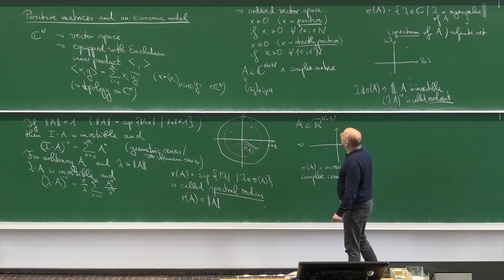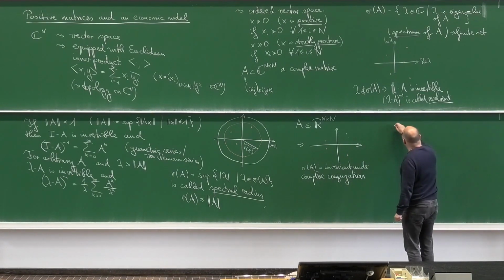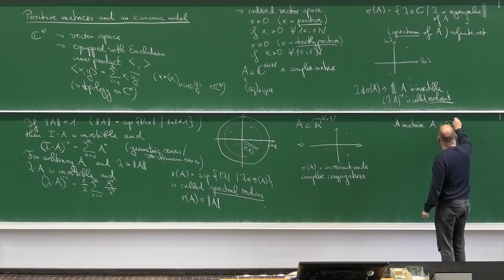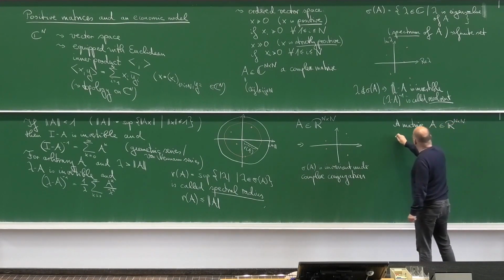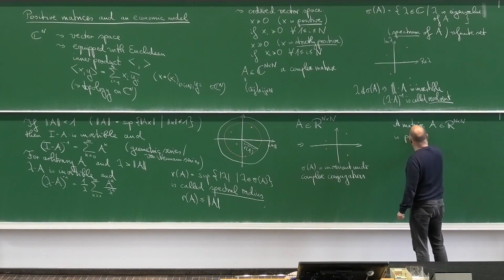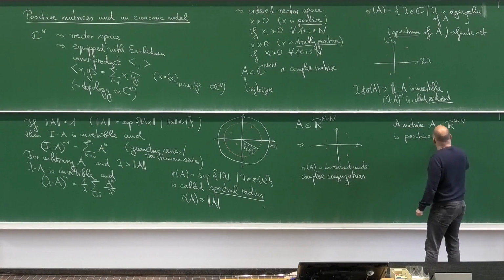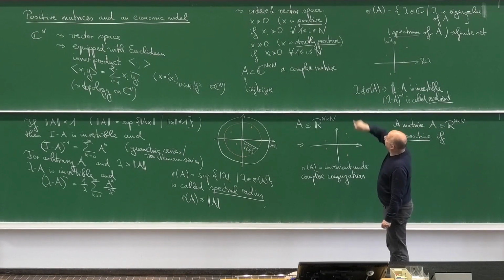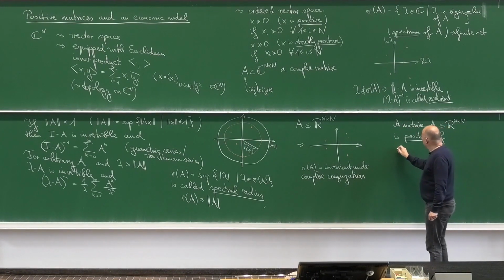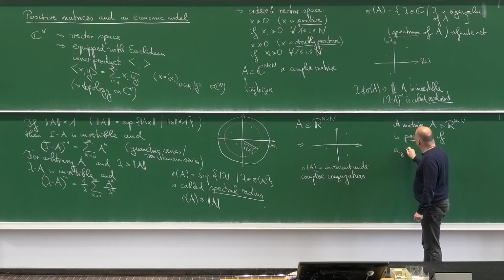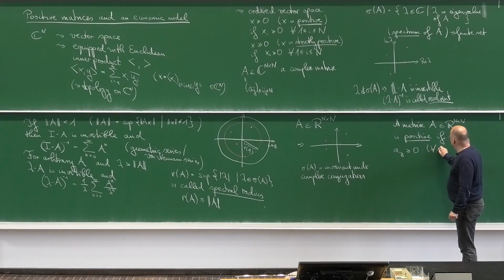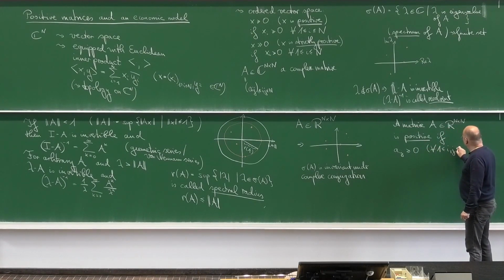And now a matrix A, which is just a real matrix, is positive, and I use it also as in the first case here, if all entries are greater or equal to 0, and this is now for every i and j between 1 and n.